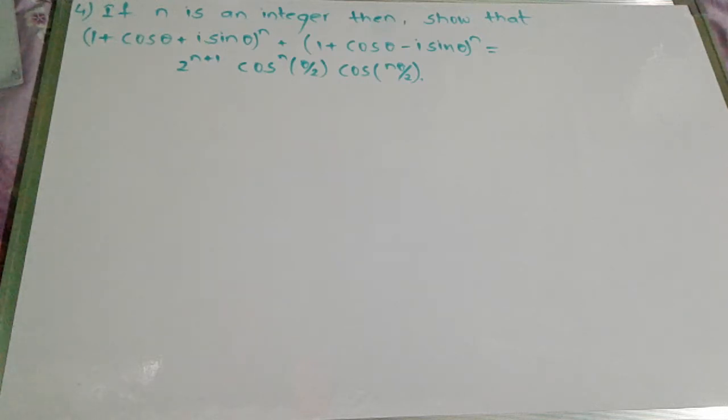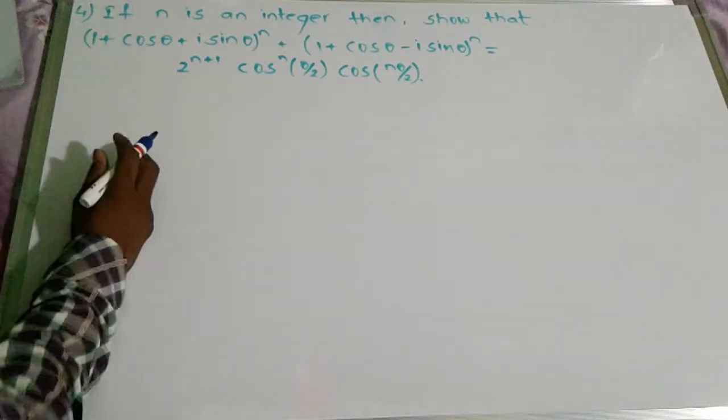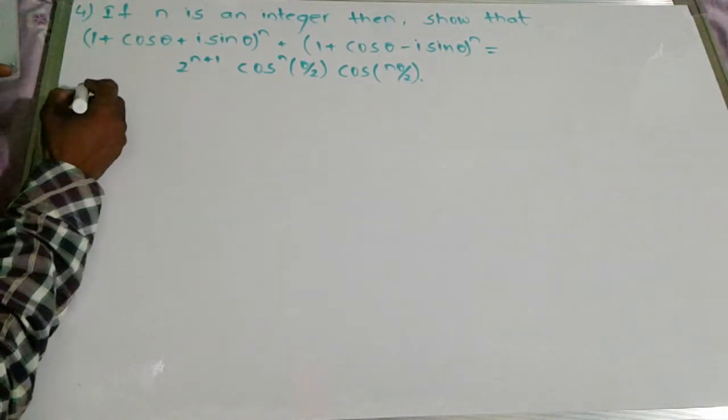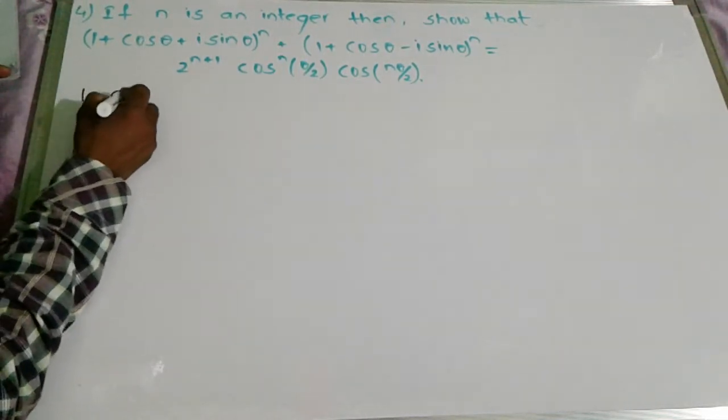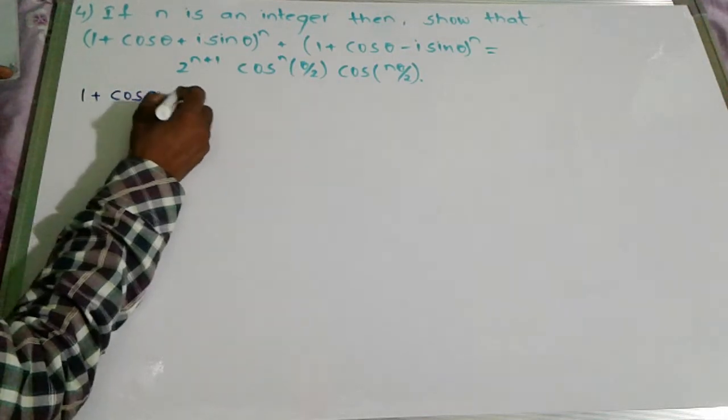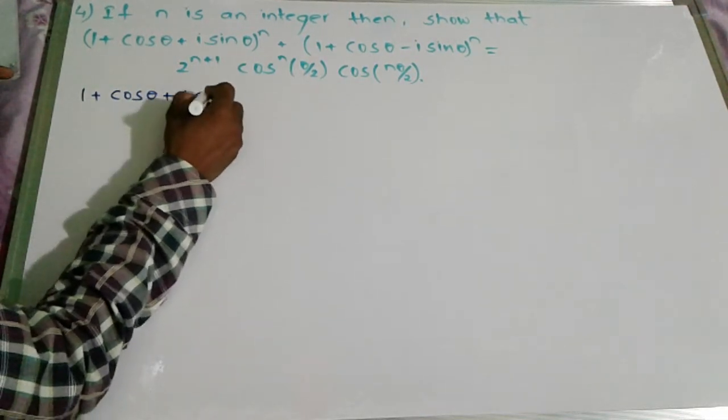Then we get this RHS part. So let me consider this one, 1 + cos θ + i sin θ.